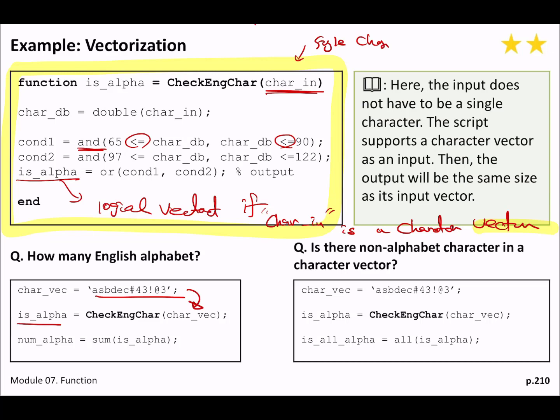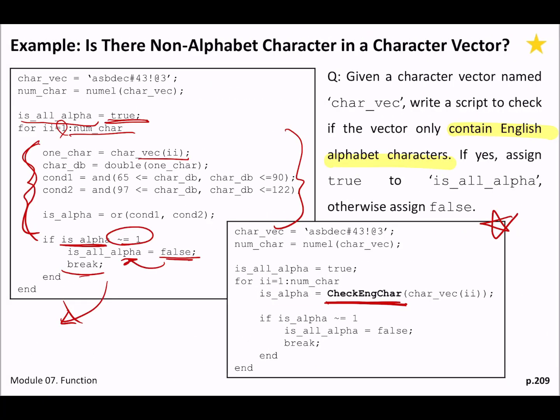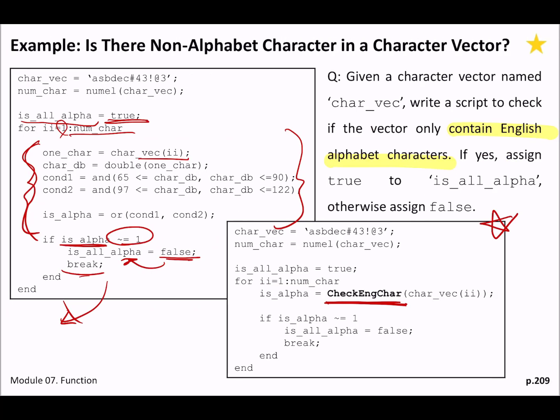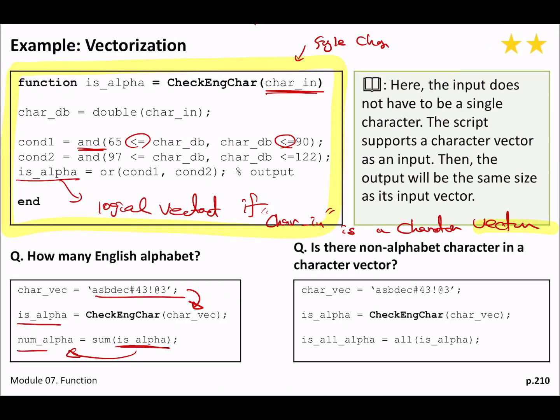So the number of English alphabets can be simply computed by summing up is alpha, so all the 1s in is alpha, right? So this code is shortened like this by using the check English character custom function. Does it make sense?